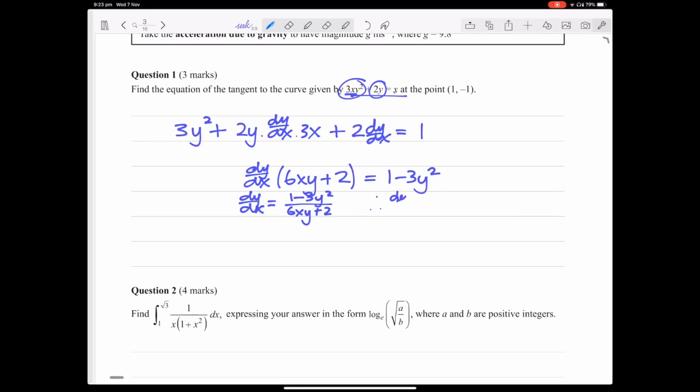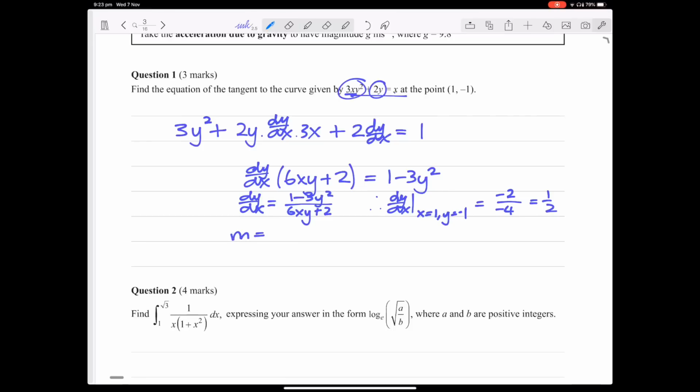Therefore, dy/dx, given x equals 1, y equals negative 1. If I put y equals negative 1 in, I get 1 minus 3, which is negative 2. If I put xy in, I'm going to get negative 6 plus 2, which is negative 4. So my gradient is a half.